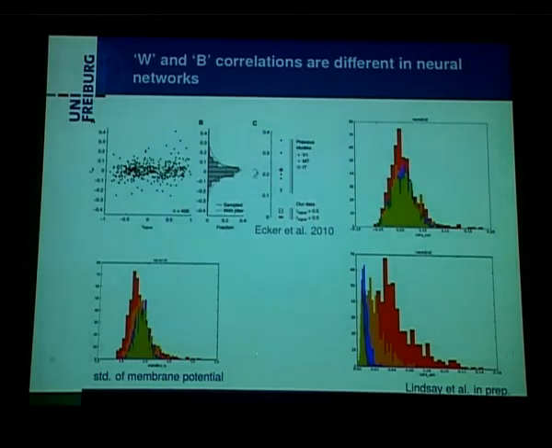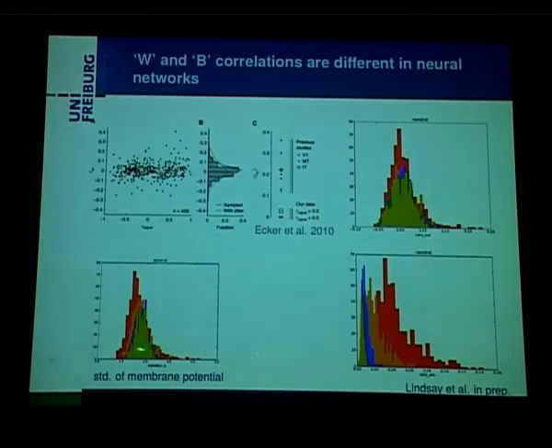But if you are interested in understanding correlations' impact on the network, then you need to talk about W's and B's. The difficult part is how you are going to know who is connected to whom. This detailed connectivity we will never know, or not to the extent that we need here. But what is nice is that because W correlations are private to a neuron, you can read the signature of W correlations in the membrane potential fluctuations.